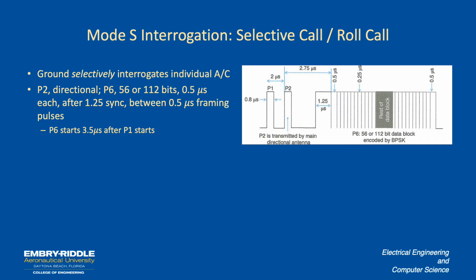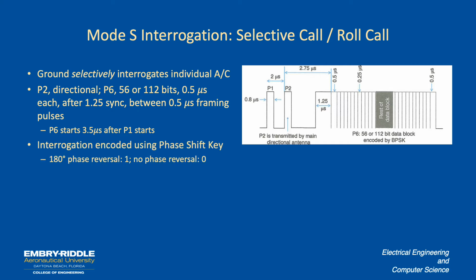Just to correct what's in some of the reading, the P6 pulse starts 3.5 microseconds after P1. So this interrogation is encoded using phase shift keying. In phase shift keying, each of these pulses is a quarter of a microsecond, 0.25 microseconds, consisting of the interrogation.